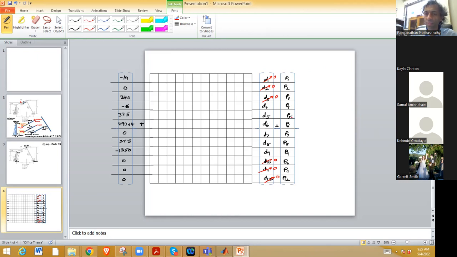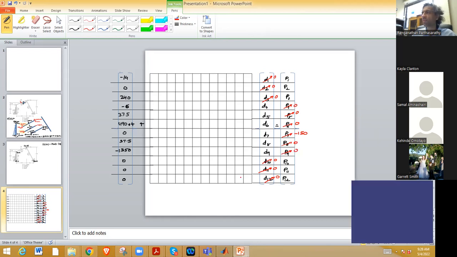P4, P5, P6 all are 0, because at joint 2 we don't have any loads applied. Then P7 is -150. P8 is nothing, P9 is 0. Then P10, P11, P12 we don't know.